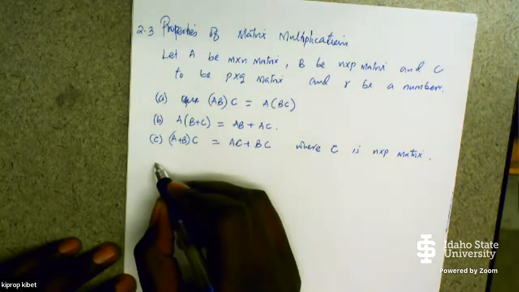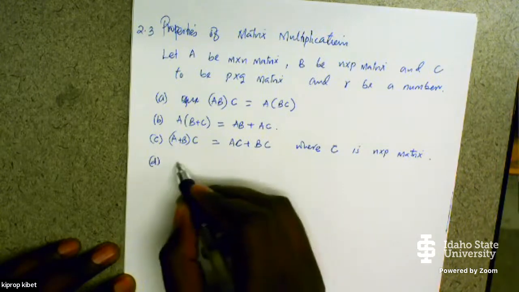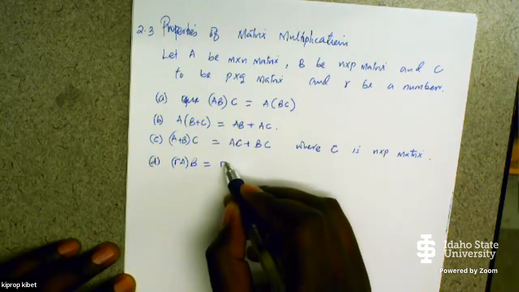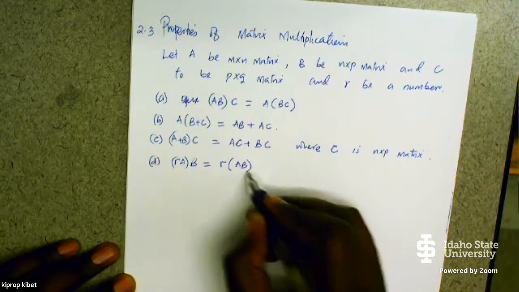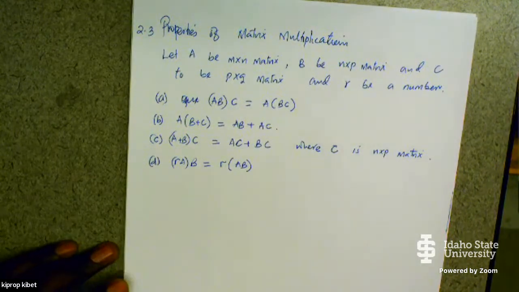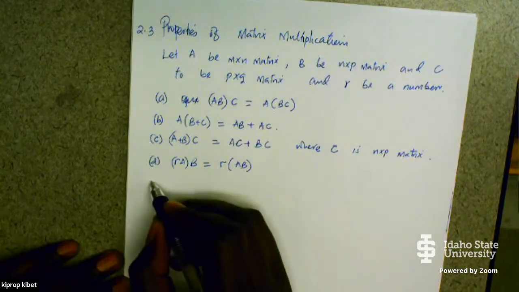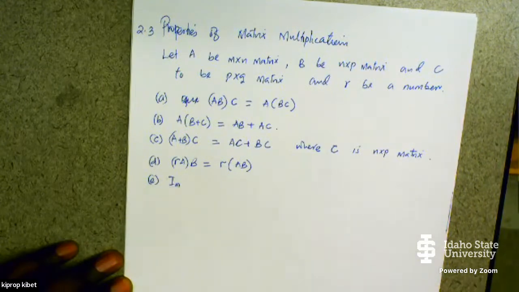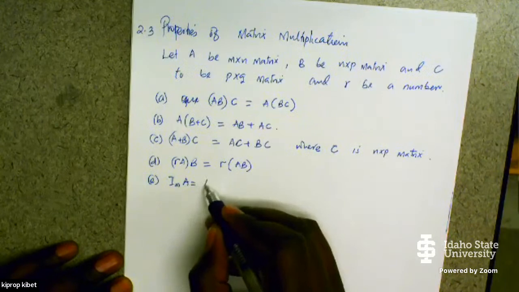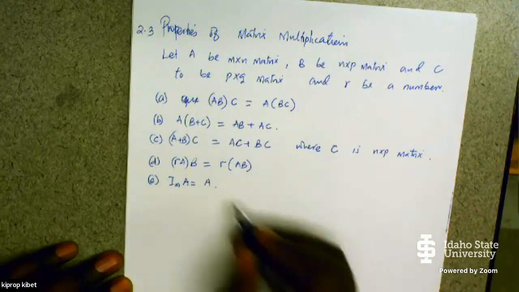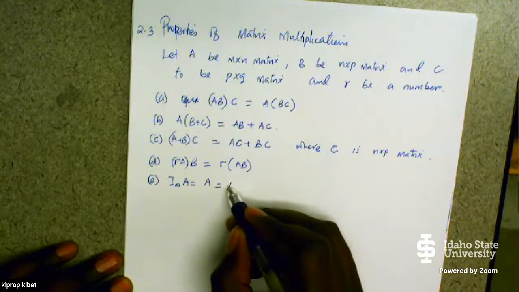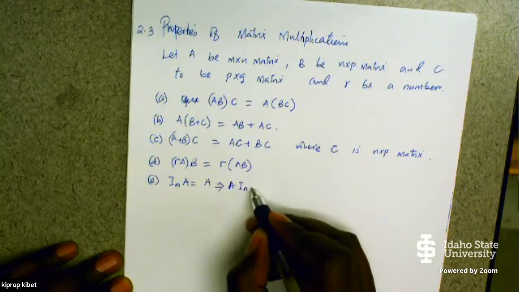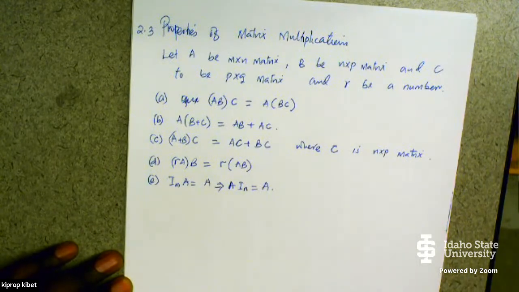Then number 4, we have R and A, and then we multiply by B, which is the same as multiplying AB, and then later on you multiply by R. R is a number. And then number 5, if we have the identity, which is IM times A, it is the same as A. And you can also multiply A by IN. It is the same as A.